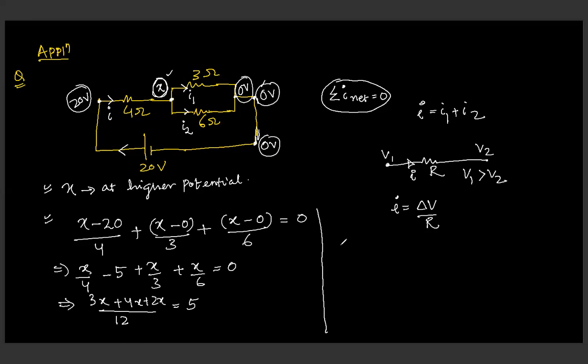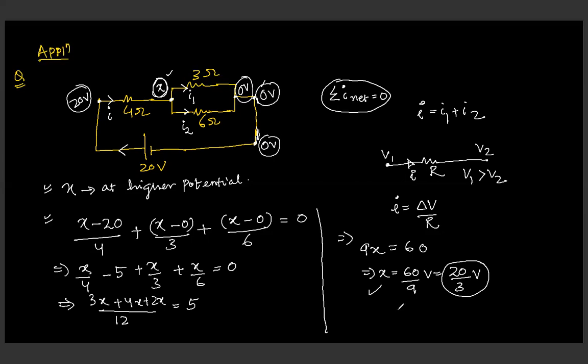On further simplification, 9x is equal to 60, and x is equal to 60 by 9 volt. That comes out to be 20 by 3 volt. Clear? So we got the unknown potential as 20 by 3 volt.